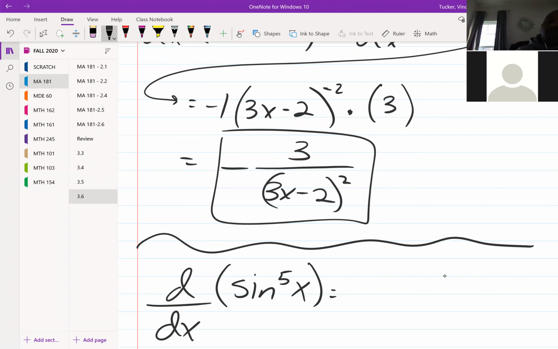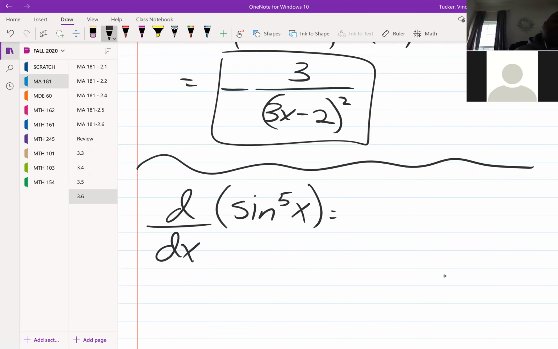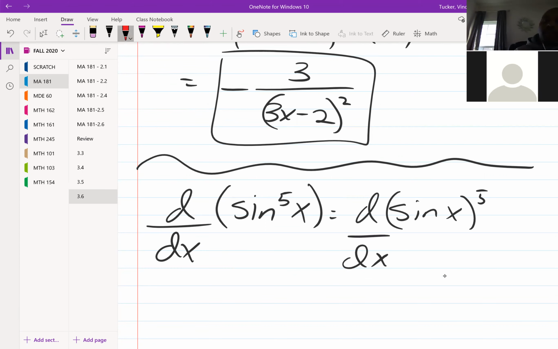All right, so for the next one, this can be rewritten as sine x to the 5th power. Those mean the same thing. So we have inside function, outside function. We're looking at sine x. I'll do the outside first: bring the 5 down front.